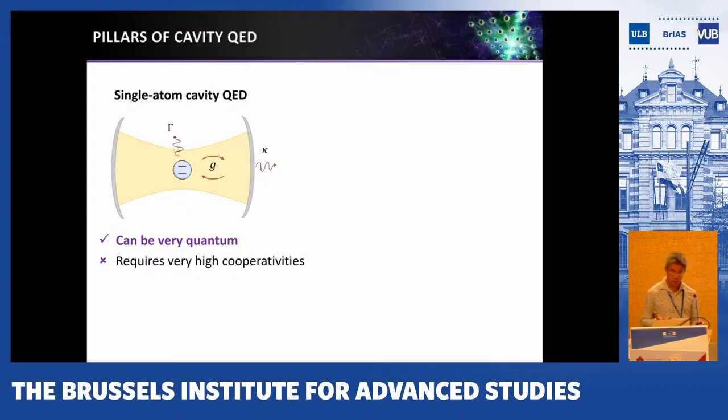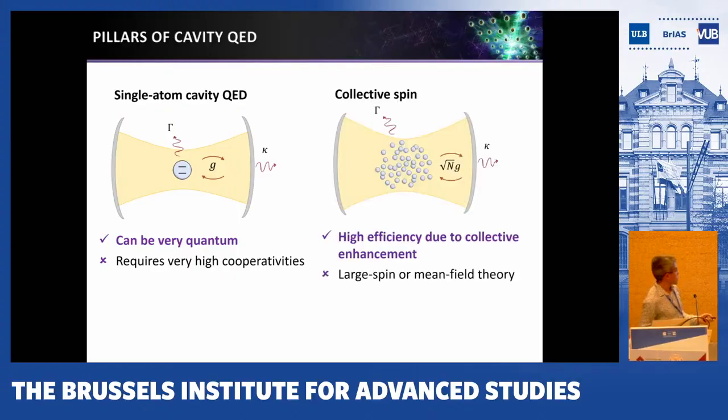So one way to increase efficiency of atom-light interactions is then to use many atoms. This underlies a lot of the physics of collective enhancement, spin squeezing, superradiance, et cetera. But then, one of the trade-offs is that the price you pay for getting this high efficiency is that because light mediates all-to-all interactions, the underlying theory tends towards large spin or mean field theory.